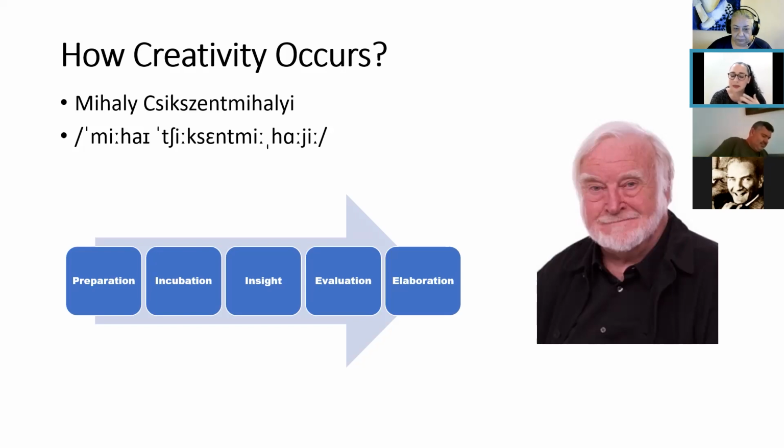That is stepping away from the problem and letting the ideas stew. It is an unconscious process of the individual. Insight is the illumination stage, which means, aha, I found it. Evaluation is deciding and judging if the insight is valuable and asking, should I continue or stop here? And elaboration is the last stage that refers to translating the insight into its final form.